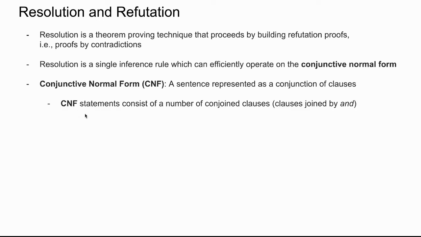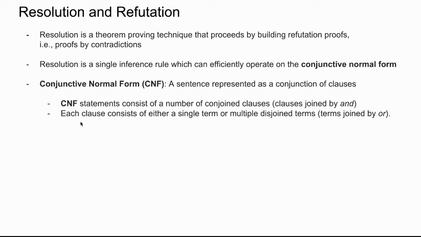CNF statements consist of a number of conjoined clauses. What are conjoined clauses? These are clauses joined by the logical AND operator. Each of those conjoined clauses can consist of either a single term or multiple disjoined terms, which means terms joined by OR.